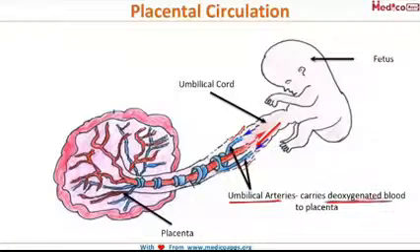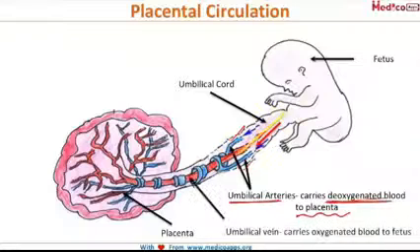And where will this deoxygenated blood travel? It has to go from the fetus to the placenta for getting oxygenated. So the umbilical arteries carry deoxygenated blood from the fetus to the placenta. And our umbilical veins carry oxygenated blood from the placenta to the fetus.